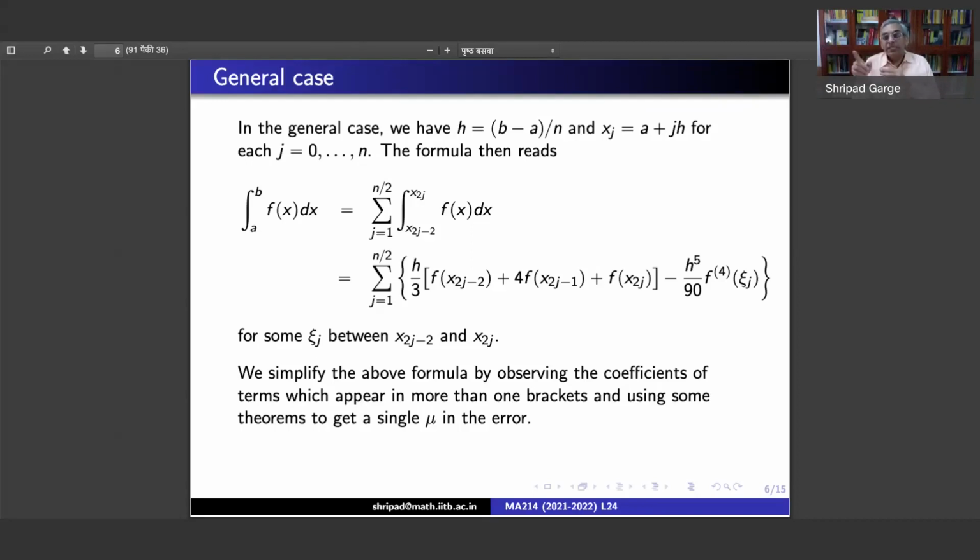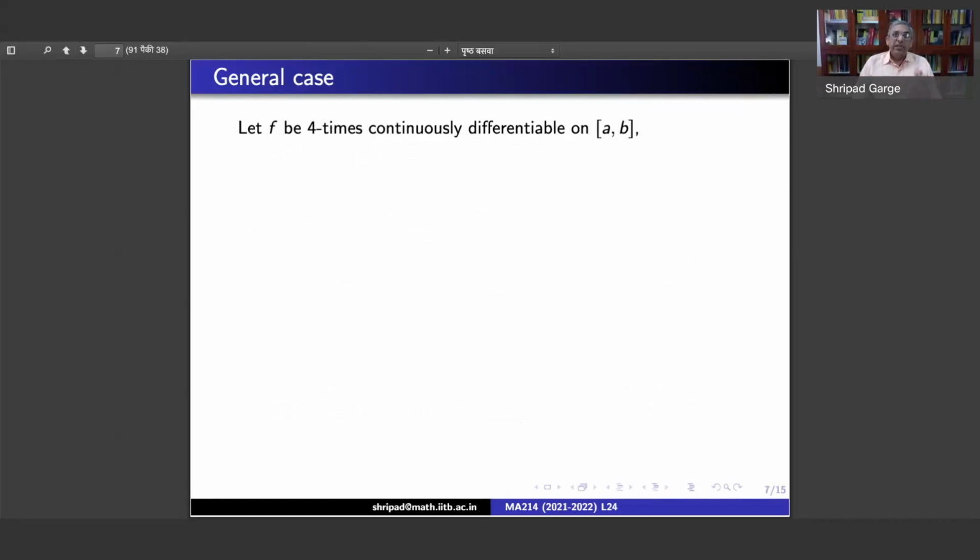Moreover, for the xi j, where we are going to apply the fourth derivative of the function, we can use some mean value theorem, but that will knock off a factor of h. But anyway, we will have a single mu. Instead of having several xi j's, we are going to get a single mu in the error. And so the final statement reads as follows: you have a function which is 4 times continuously differentiable on AB. n is even, h is (b minus a) upon n, and xj are defined accordingly.